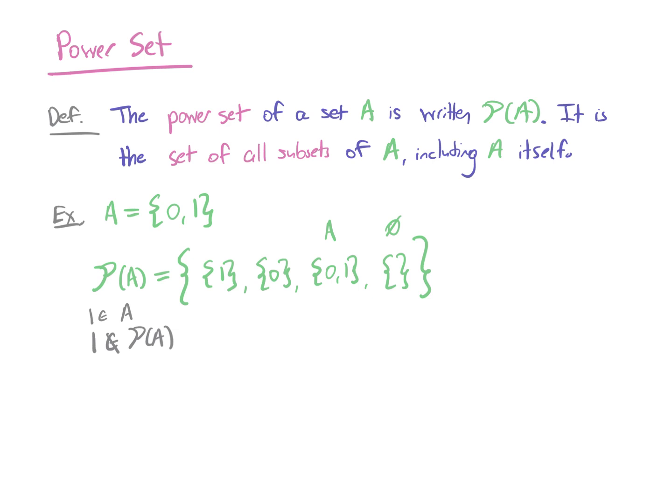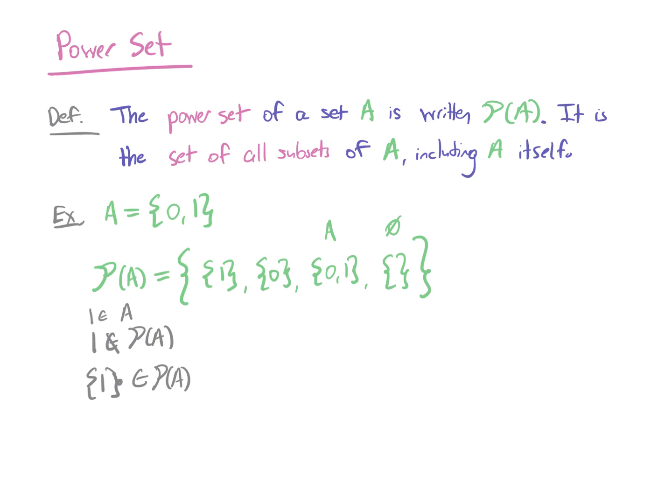Instead, what's true is that the set containing 1 is an element of the power set of A. So the individual elements of A are never elements of the power set. Instead, the sets containing elements of A are elements of the power set.